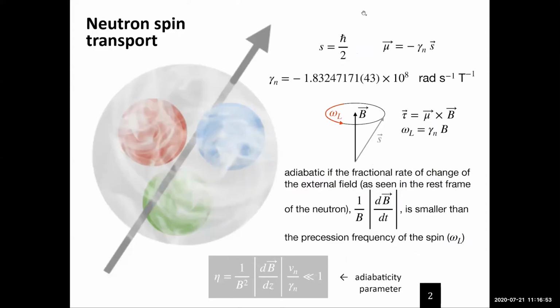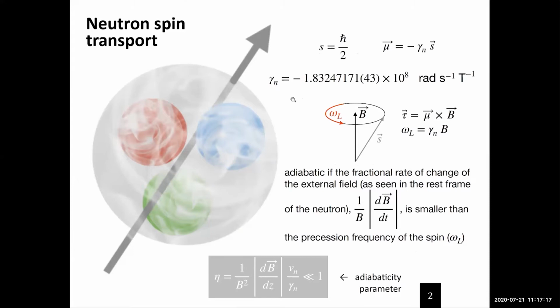Okay. So as I was saying, we are interested in magnetic fields so that we can transport and manipulate the neutron spin. Neutrons have spin, and also they have a magnetic moment that is proportional to their spin, related by the gyromagnetic ratio.